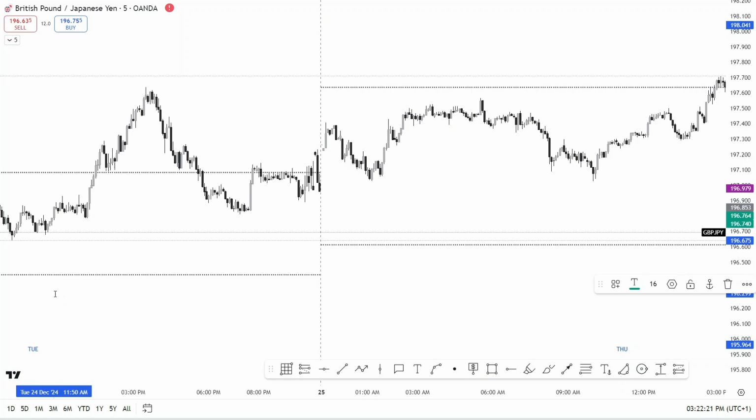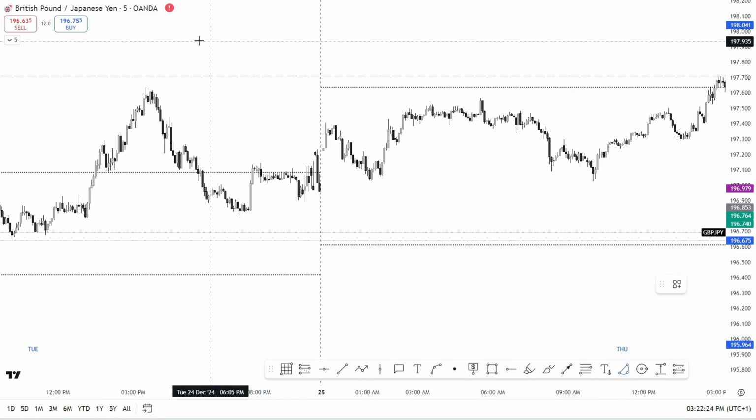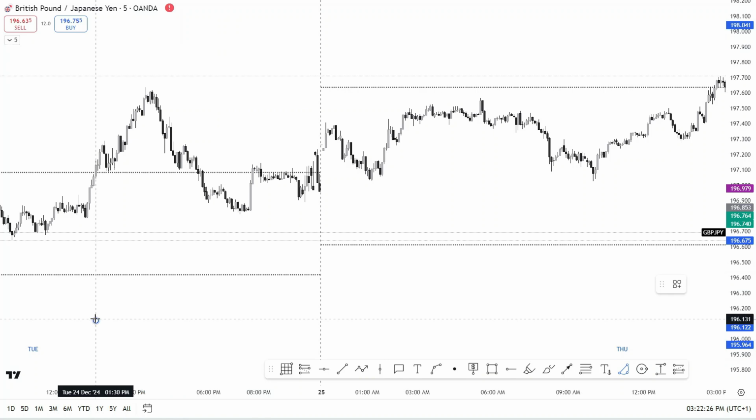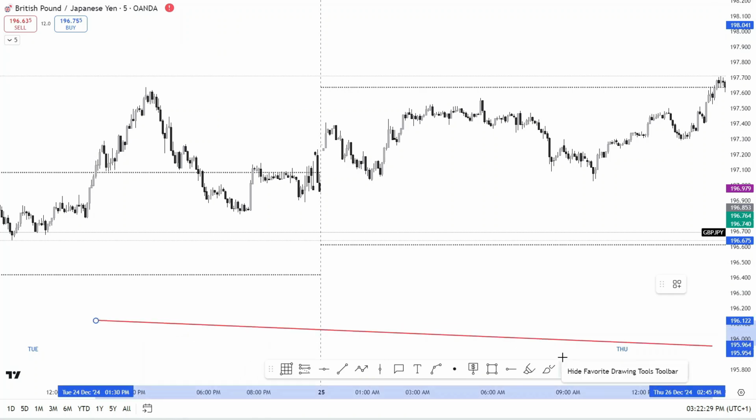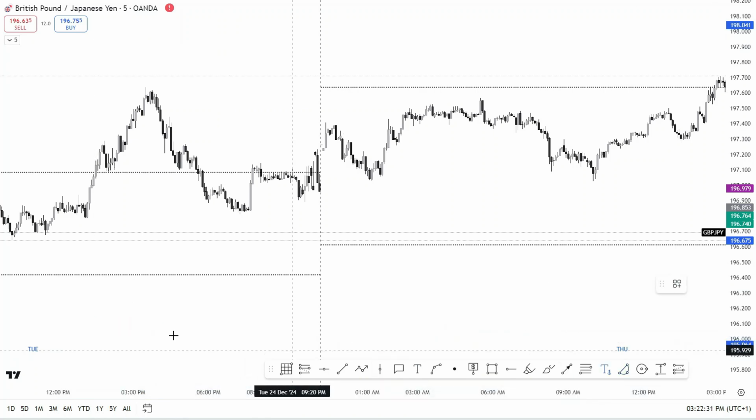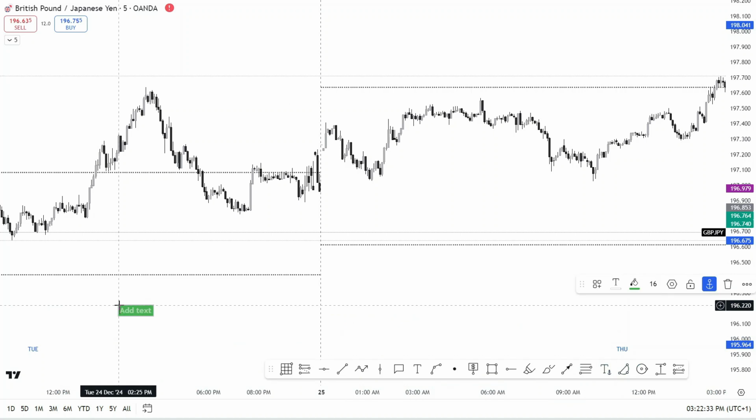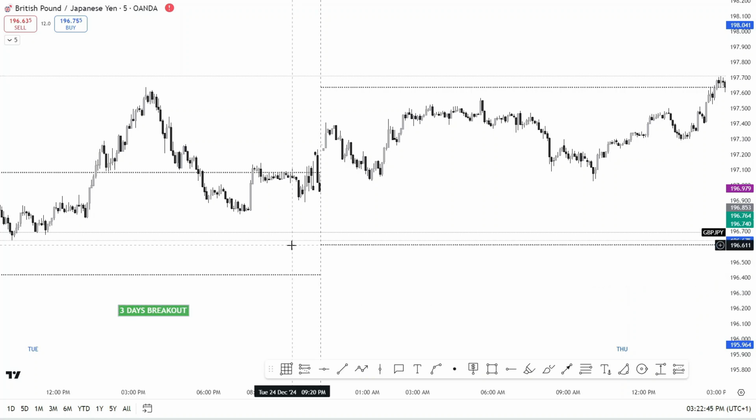So let's use a sticky text, anchor text rather. So we have what we call this, 3 days. Now, once we identify 3 days, on the 4th day we should expect a sell.